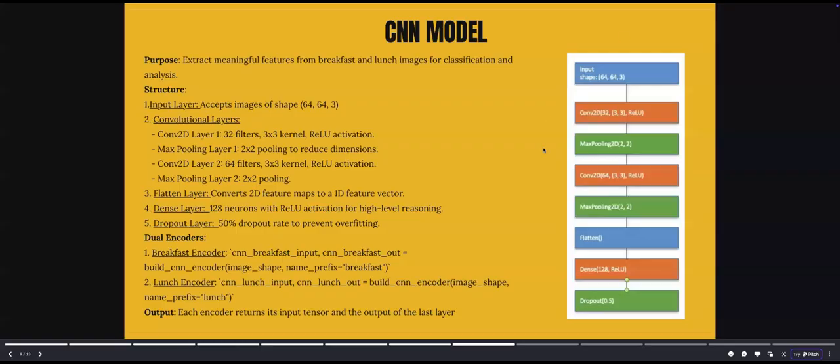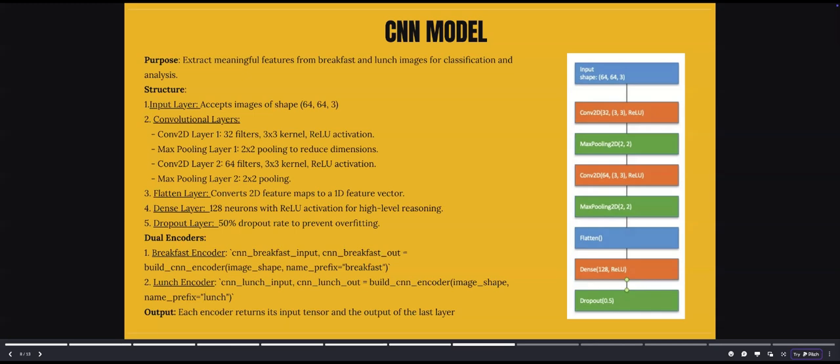Now I'll be discussing the CNN model. The purpose was to extract meaningful features from breakfast and lunch images for classification and analysis. The CNN model, as depicted by the image here, can be divided into five layers. The first one is the input layer, which accepts images of shape 64, 64, 3.